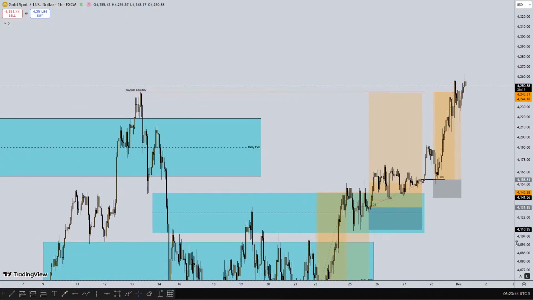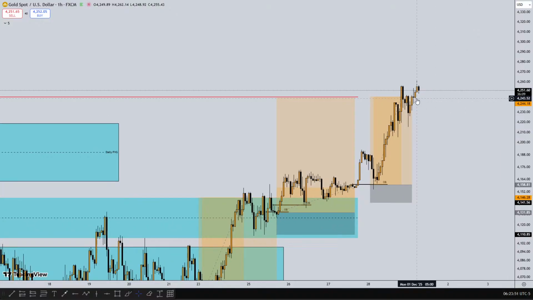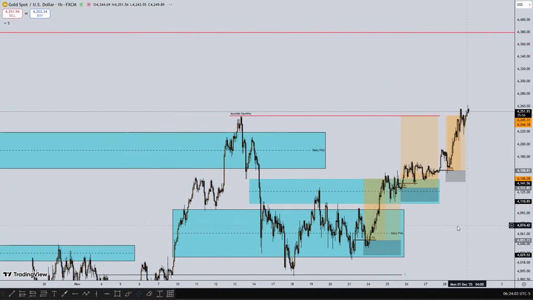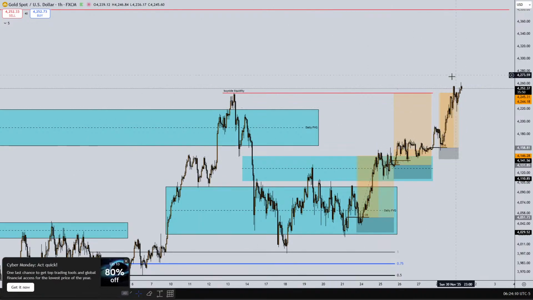So going in this week, I told you guys pay attention to the 4 hour time frame and the 1 hour time frame. You want to stick to those trends, but at the same time, pay attention to the daily points of interest. That will give you a clear perspective on where price should trade to. But the overall idea is that gold is on an uptrend, trading higher, and we might see higher prices.